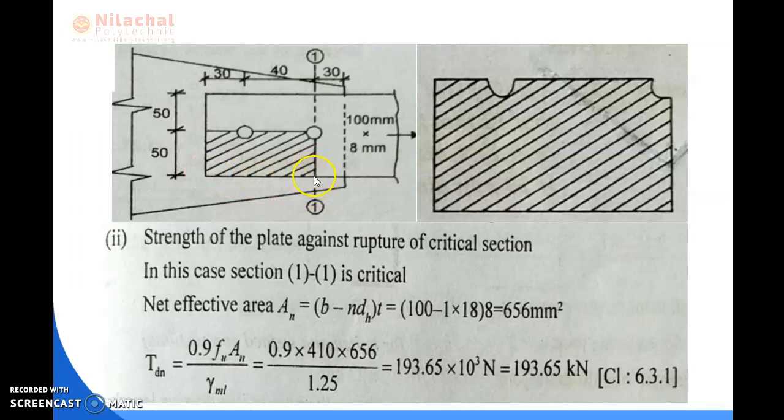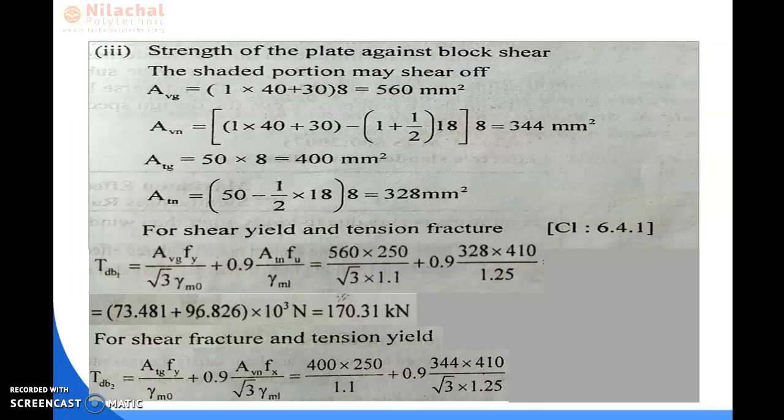So this much width is here 30 and here 40. So the total distance is 70 mm. So from here to here, that means the width of the block shear portion along the V line is 70 mm and the thickness of the plate section is 8. So 70 into 8 equal to 560 mm square.